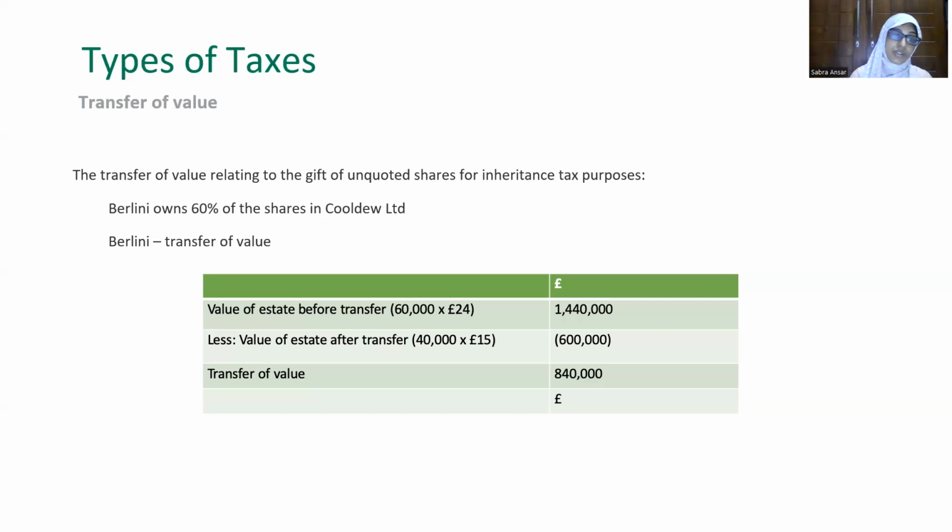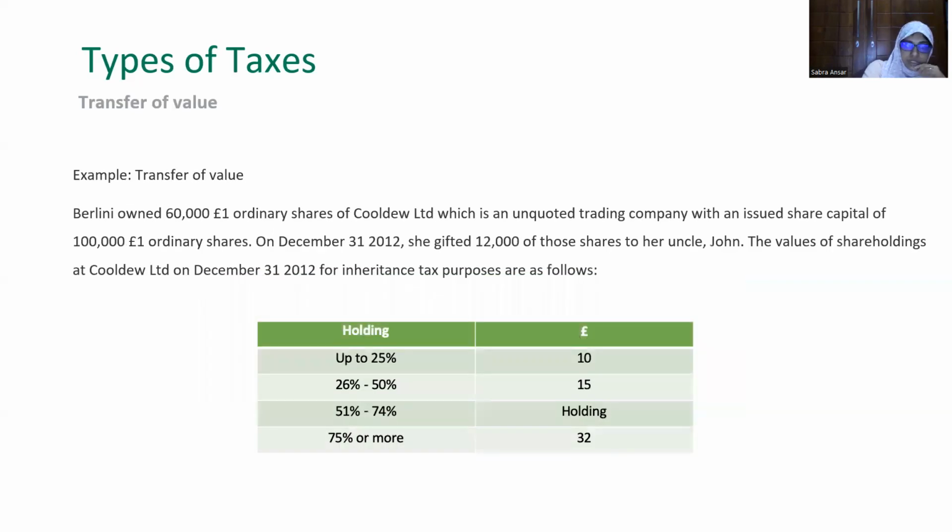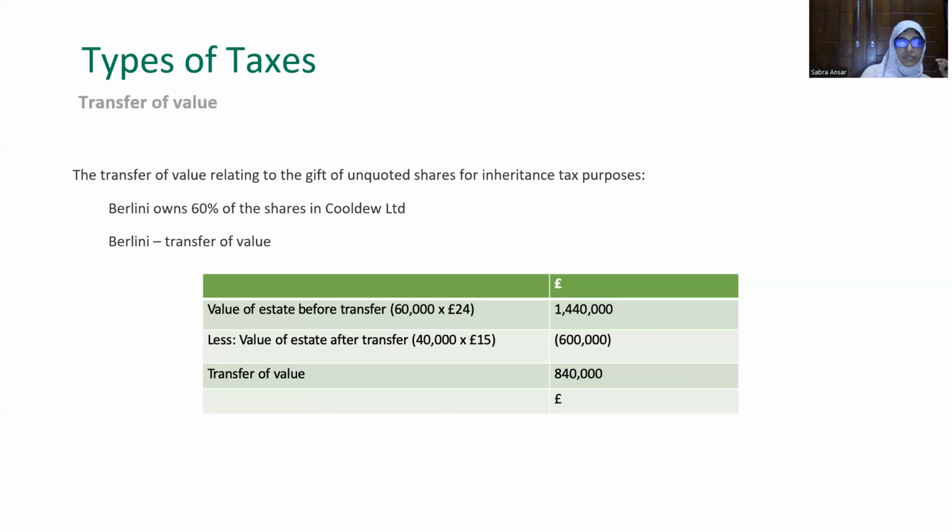So Berlini's transfer of value: the value of the estate before transfer is 60,000 into 24 pounds. 60,000, he had how much? 24 pounds, and the value of the estate after transfer would be 40,000 into 15 pounds.